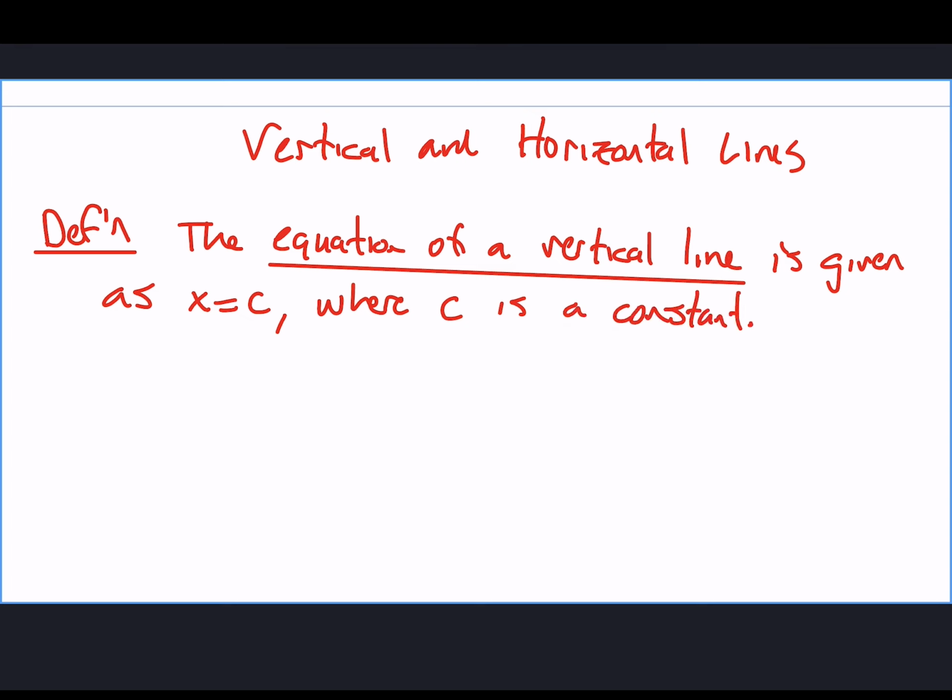In other words, a vertical line only has one specific x value. All the y's can change, but the x's don't change.